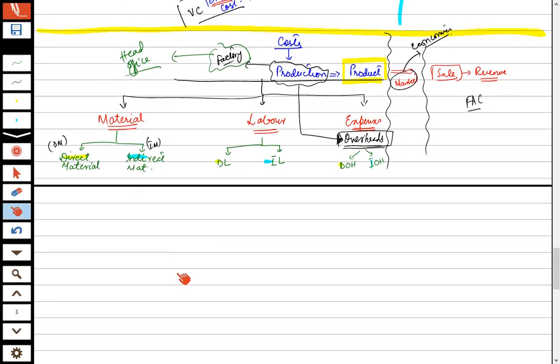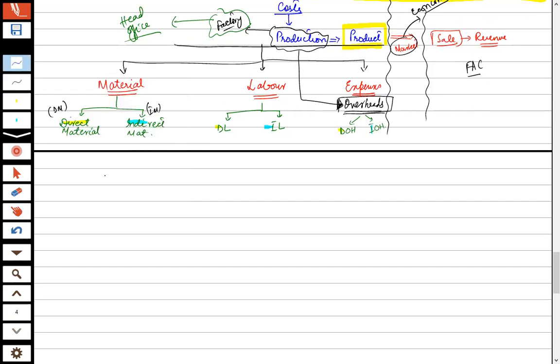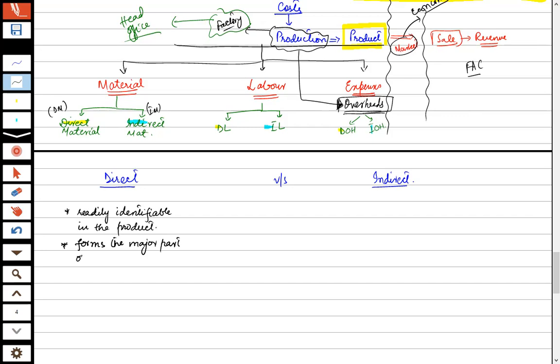So, if we can collectively discuss direct versus indirect, the basic definition of direct material, direct labor, or direct overhead would be that these materials, these labors, and these overheads are readily identifiable in the product, or you may say they form the major part of the product.